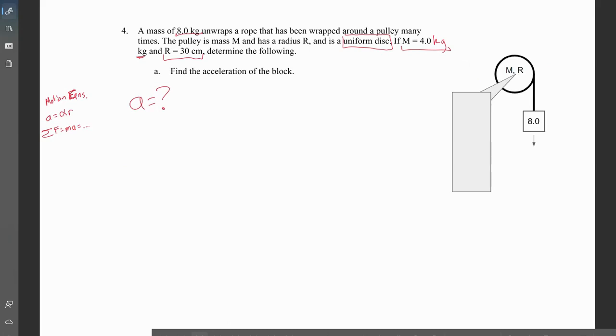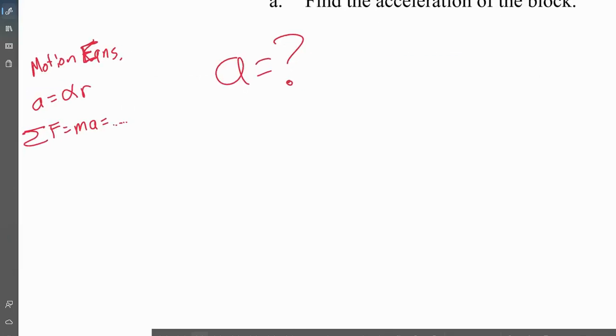So if we're trying to find acceleration, what are we going to look at here? If we're looking at sum of the forces equals MA, we would need to know gravity, which is helping the motion, and tension, which is holding us back.